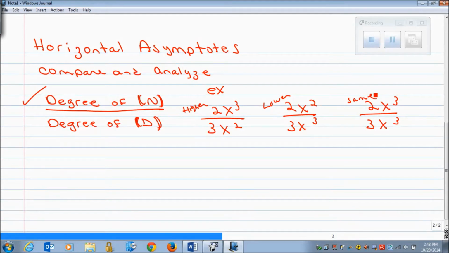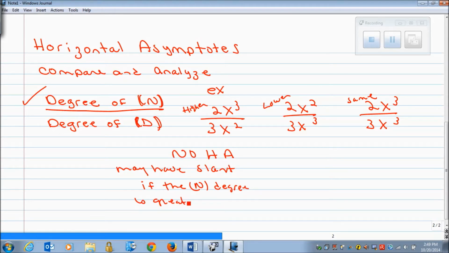So, if the degree in the numerator is higher or larger than the degree in the denominator, we have no horizontal asymptotes. We may have a slant asymptote if the numerator degree is greater by 1.